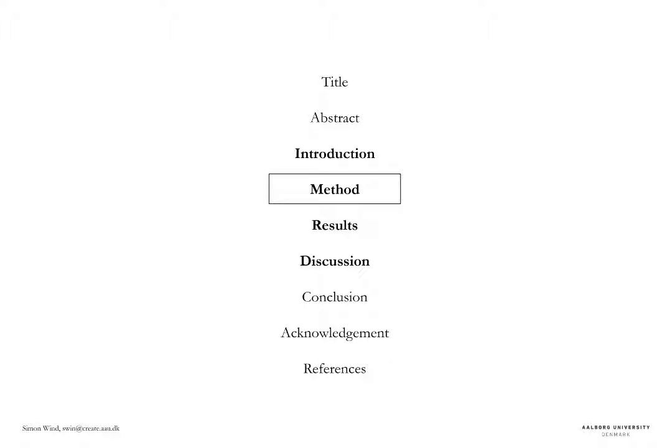Then we have methods. This should be the easiest part of the paper to write, as it is a rundown of the exact design and methodology used to perform the research. Obviously, the exact methodology varies depending on the exact field and type of experiment or research that you're doing. In the natural sciences, this part of the paper ensures that another researcher should be able to replicate the experiment exactly and thereby test knowledge claims in the paper.